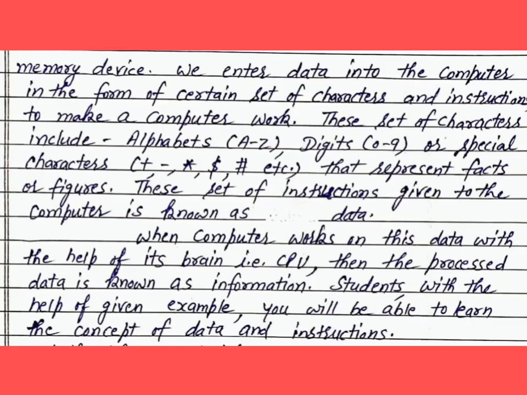These set of instructions given to the computer is known as data. When computer works on this data with the help of its brain, that is CPU, then the processed data is known as information.